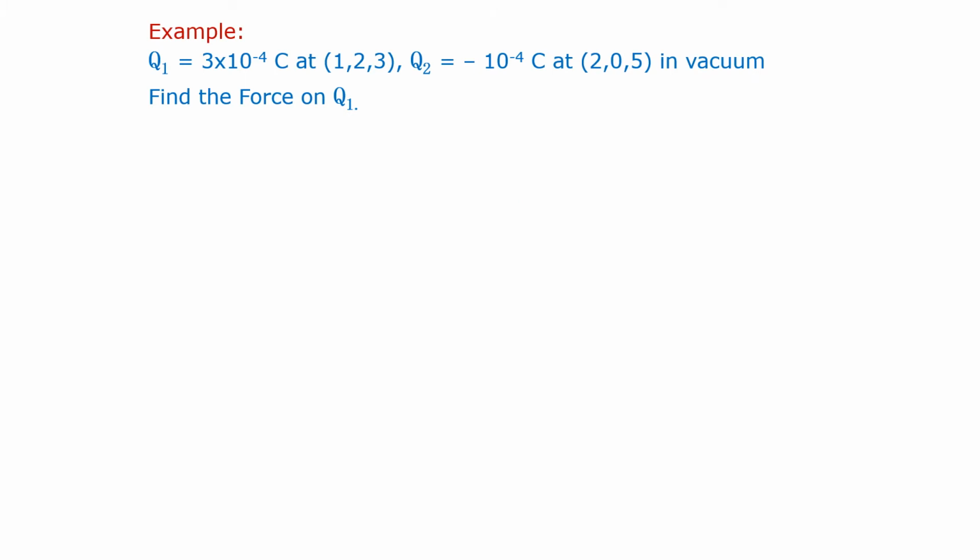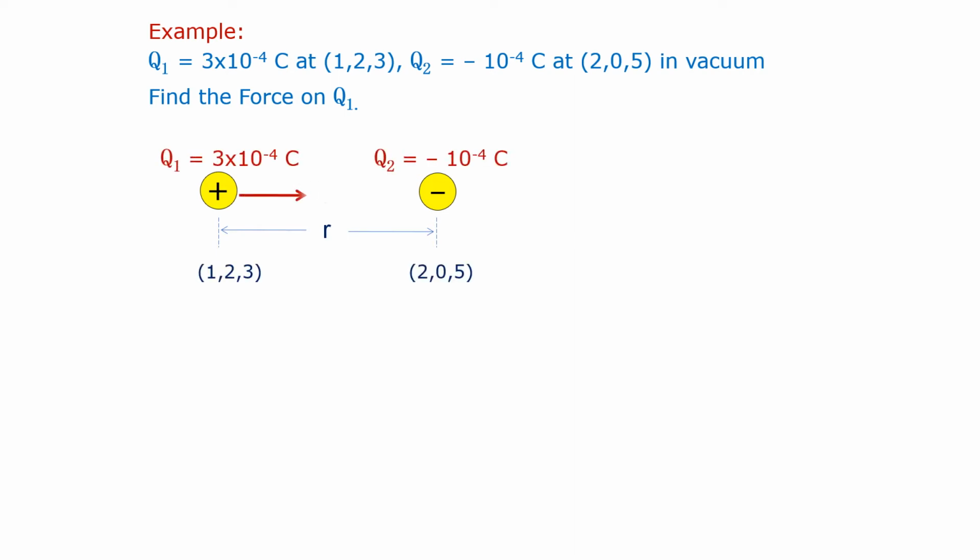Let us do an example. Two charges Q1, Q2, values are given, their locations are given. We have to find out the force on Q1. Let us find out the distance vector R12 bar.